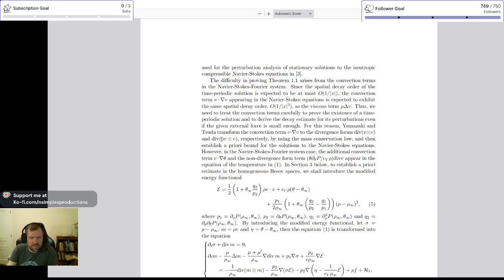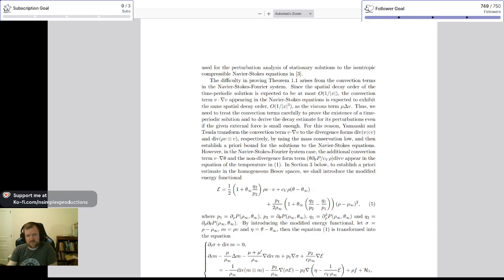The divergence of rho times V outer product with V, respectively, by using the mass conservation law, then establishes an a priori bound for the solutions to the Navier-Stokes equations.